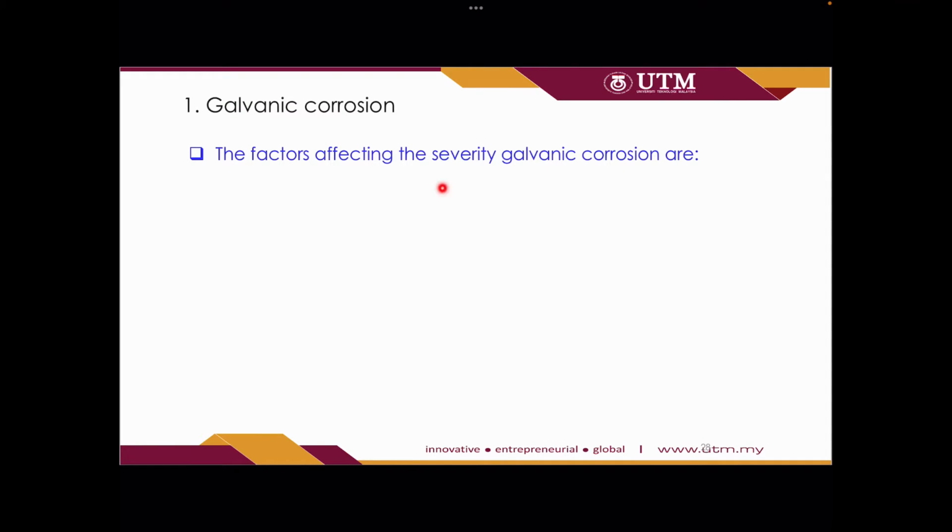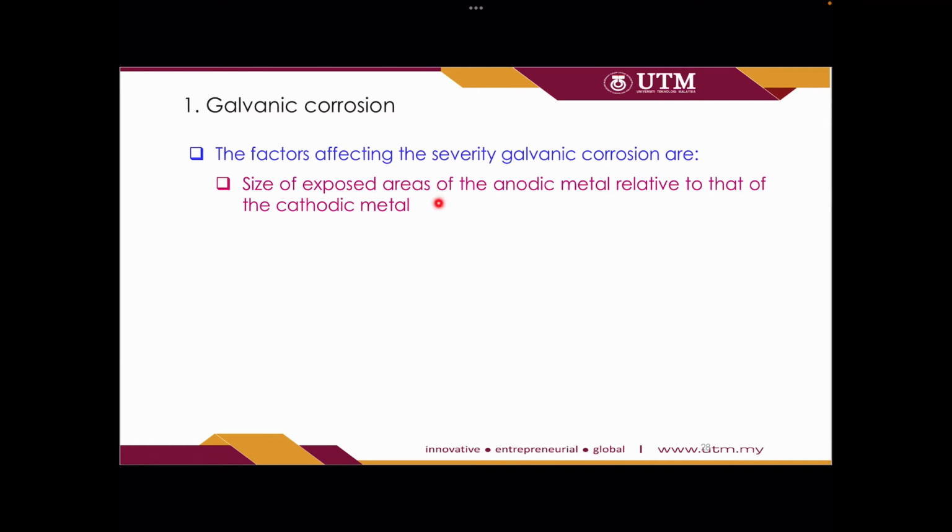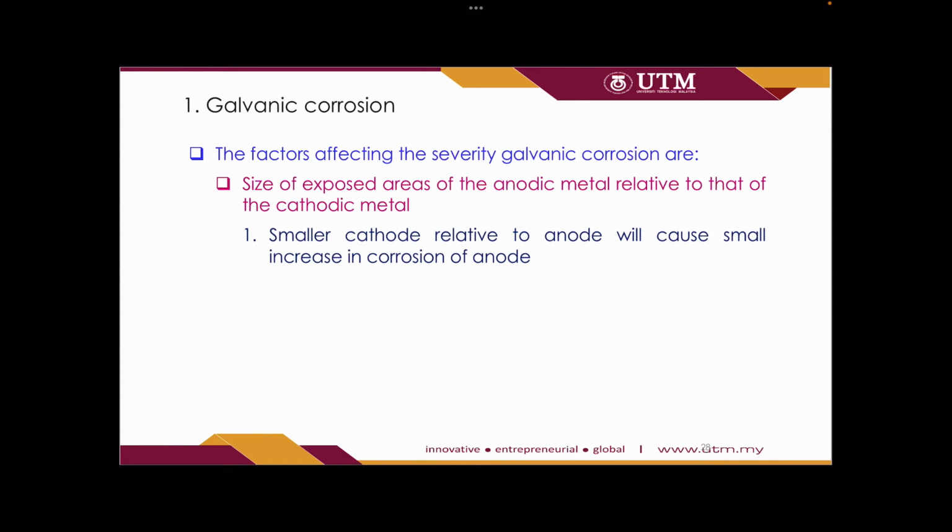So the factors affecting the severity of galvanic corrosion are the size of the exposed area of the anodic metal relative to that of the cathodic metal. If you have a small cathode relative to the anode, it will cause a small increase in corrosion of the anode.